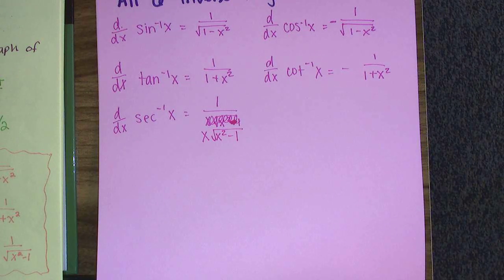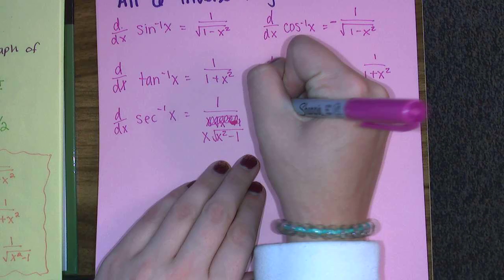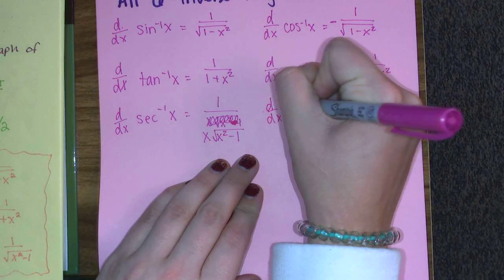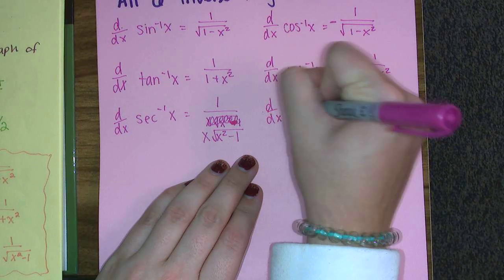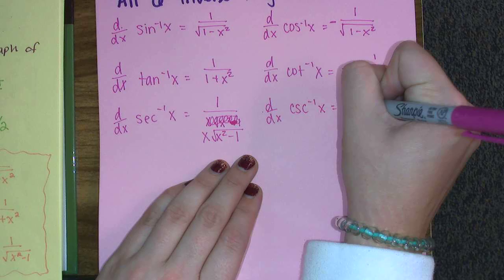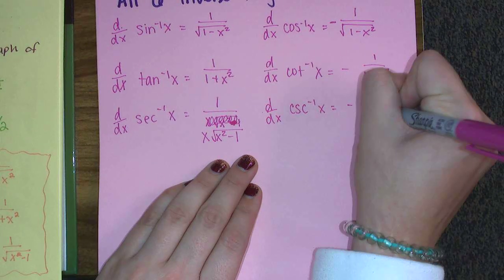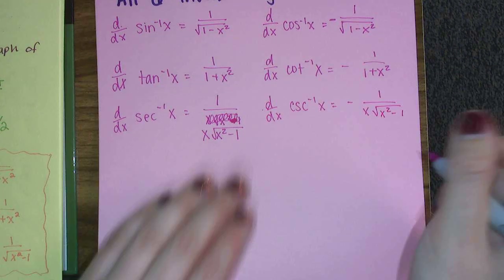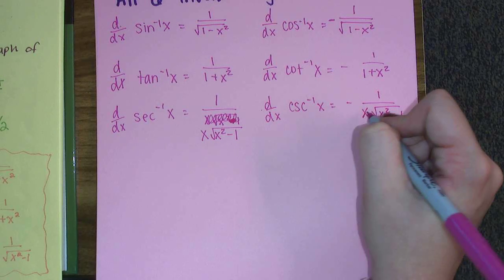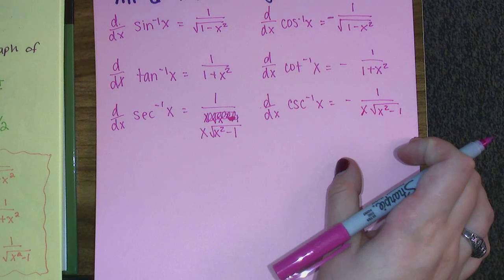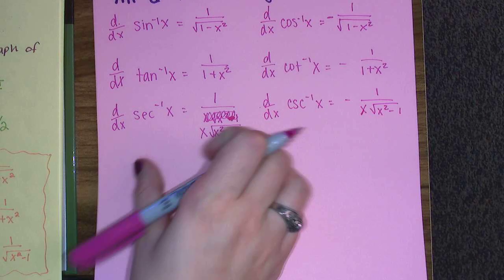And then its pair, the derivative of the arc cosecant of x, is negative 1 over x times the square root of x squared minus 1. So we take the absolute value off because one of them is going to be positive and one of them is going to be negative. What we did earlier just gave us both of them at the same time, basically.